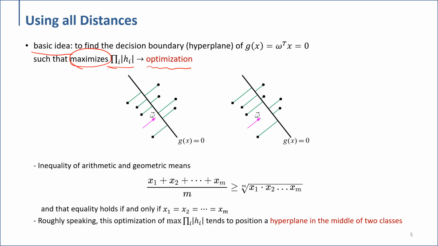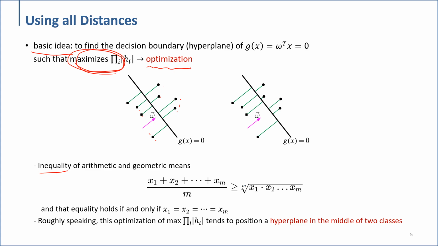So for general cases, we have multiple data points, and our objective can be thought of as maximizing the multiplication of all the data points. And this was the basic idea.